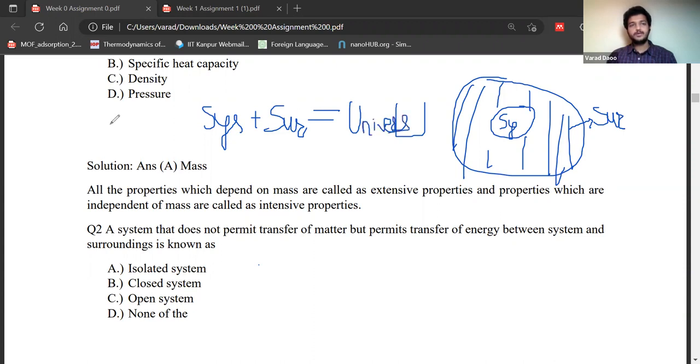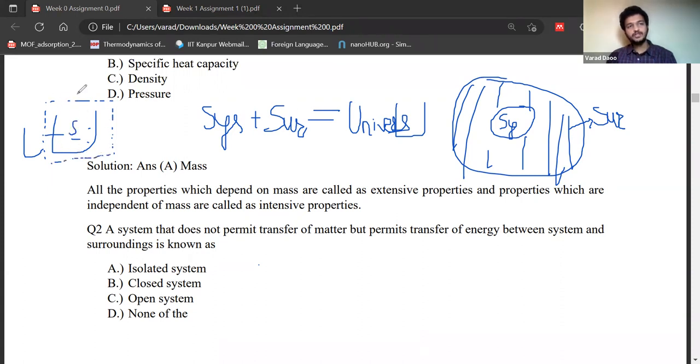So if you have a glass of water, let's say a container filled with water, you draw a boundary around it, and so this is our system.